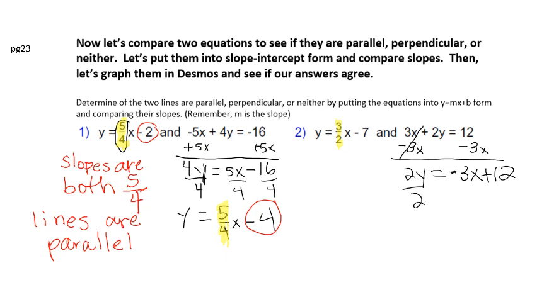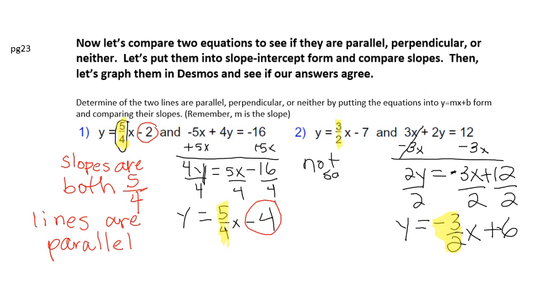Now I'm going to divide everything by 2. y equals -3/2 x plus 6. I'm going to highlight that. So when I look at those two slopes, they are not the same. So they are not parallel.